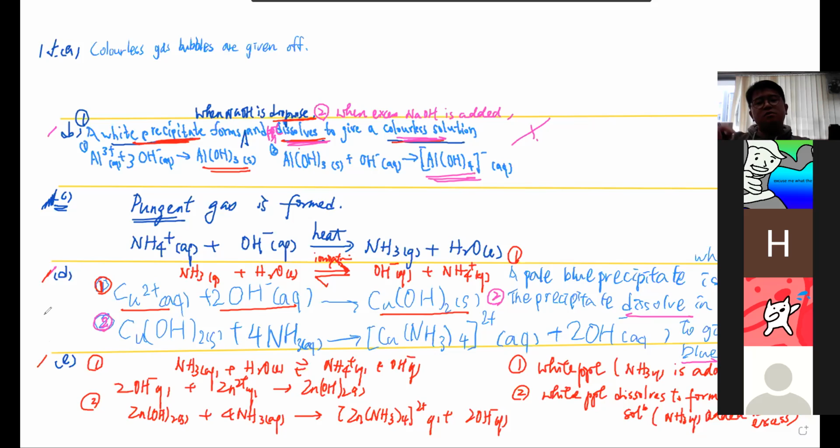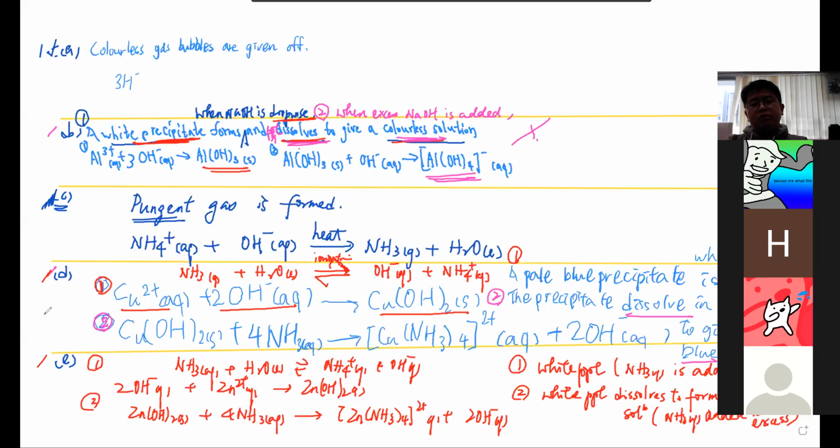So you may see that they are quite similar to D part, very similar. It seems like a change of the ions from copper 2 to zinc. But there's a slight twist on the observation, because the color of the PPT is different. Copper 2 hydroxide is pale blue, while zinc hydroxide is a white PPT.